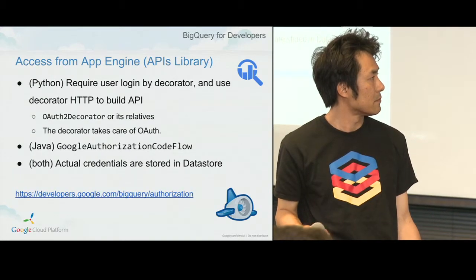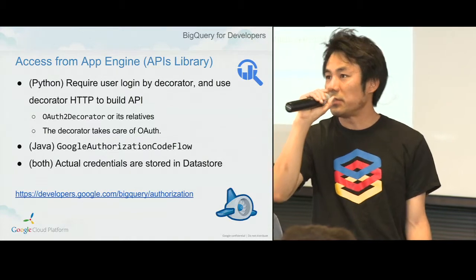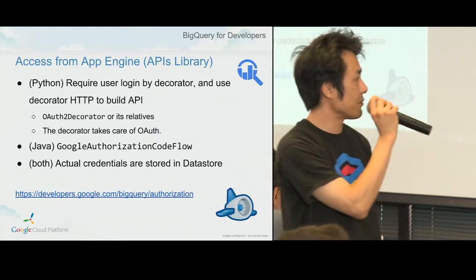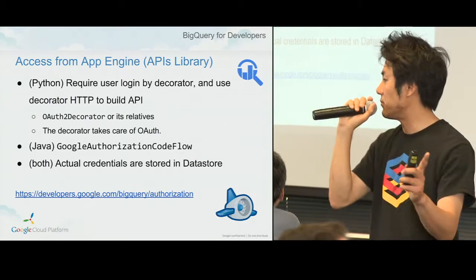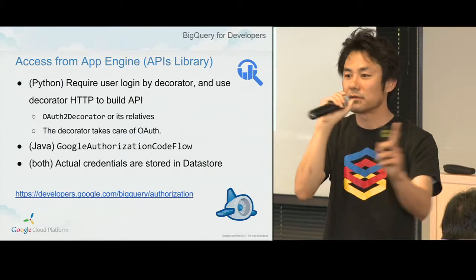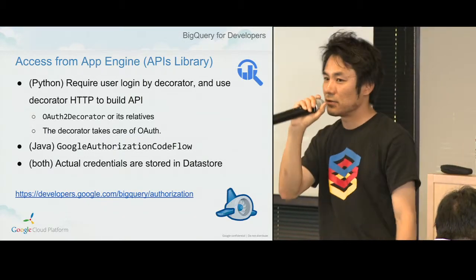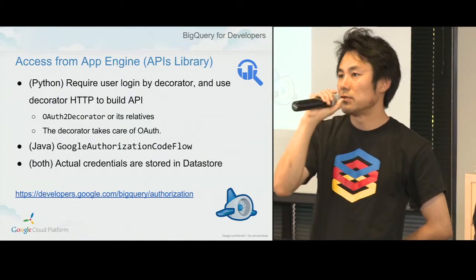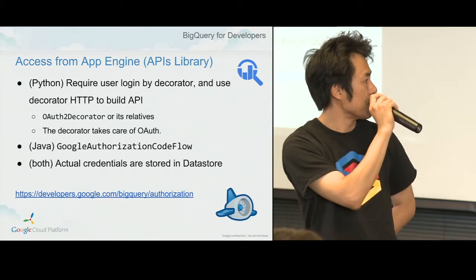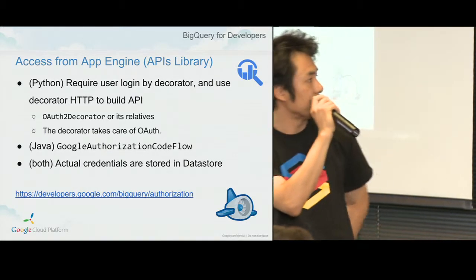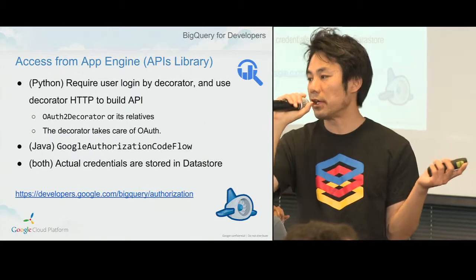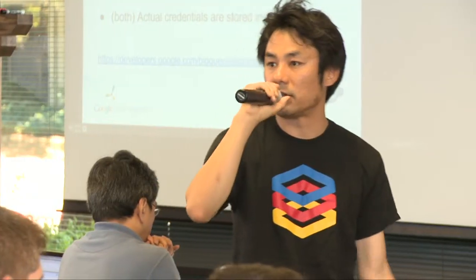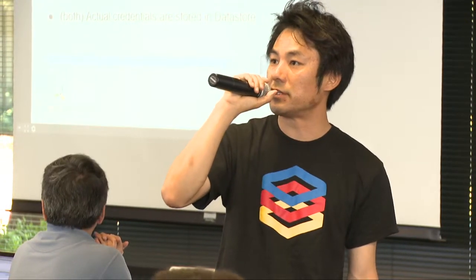So in case of the App Engine, Python has a decorator. Everybody familiar with a Python decorator? Right? Python programmers. So you can put @ something just in front of your function. So if you set this OAuth2 decorator, you create the OAuth2 decorator with the client ID and secret, and decorate your HTTP handler on App Engine with this decorator.